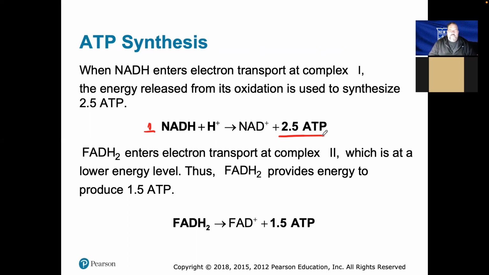FADH2 enters electron transport at complex 2, which is at a lower energy level. Thus, FADH2 provides energy to produce 1.5 ATP. So one FADH2 is going to produce 1.5 ATP.